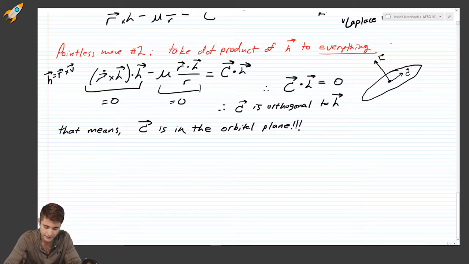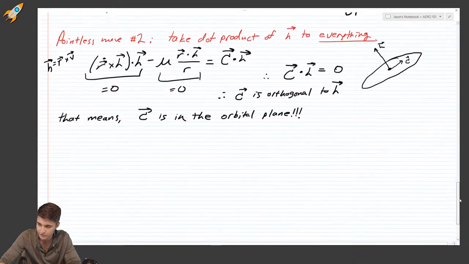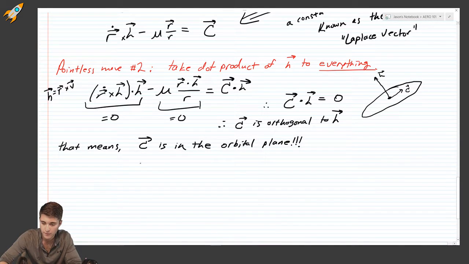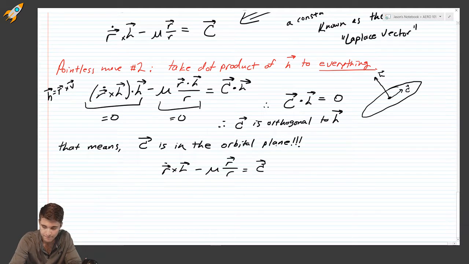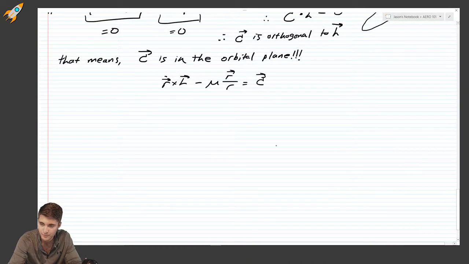Here's what we're going to do. We're going to take this equation right up here, before we did this little proof with the pointless move, and copy it down. So the velocity vector, take the cross product of the velocity and the angular momentum vector, subtract gravitational parameter times position vector over the magnitude of the position, is equal to c, the Laplacian vector, okay? It's an elliptical orbit.